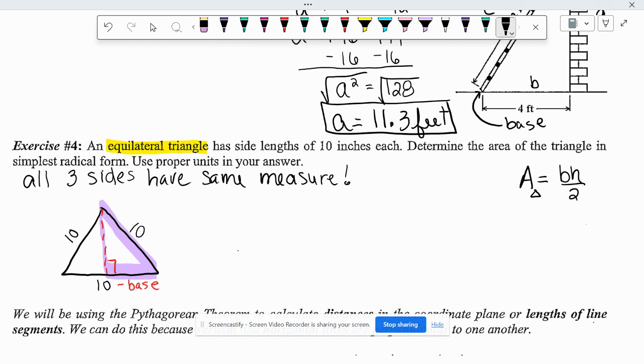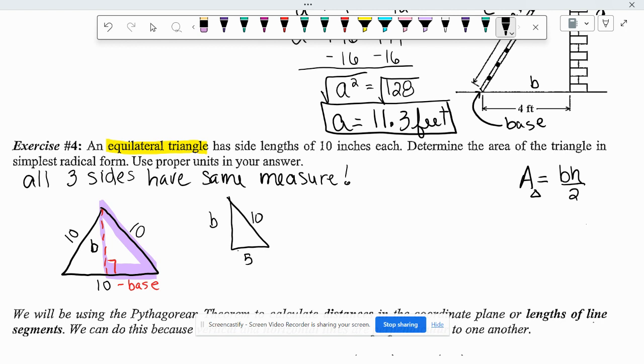So in order for me to find the height of my equilateral triangle, I need to figure out the B side of the right triangle. So you split 10 in half. This is going to be 5, but yeah, we have to actually use Pythagorean theorem just to find the height.